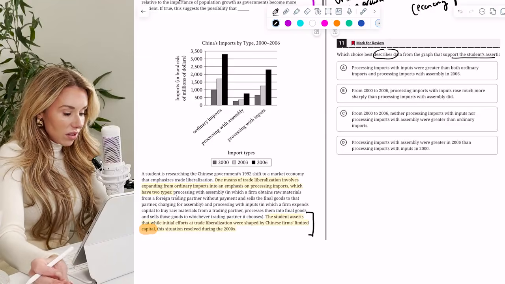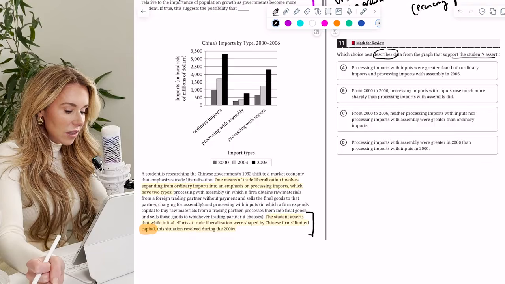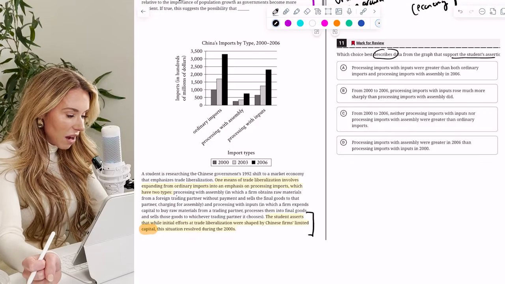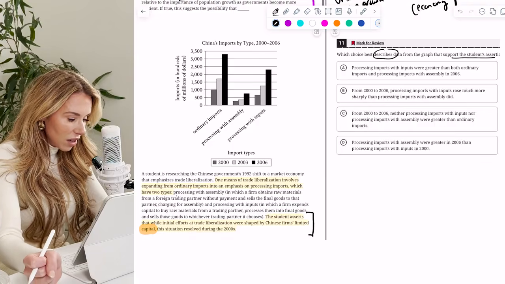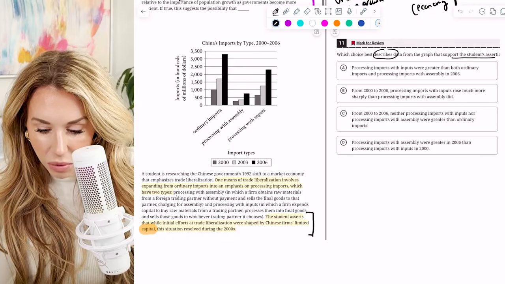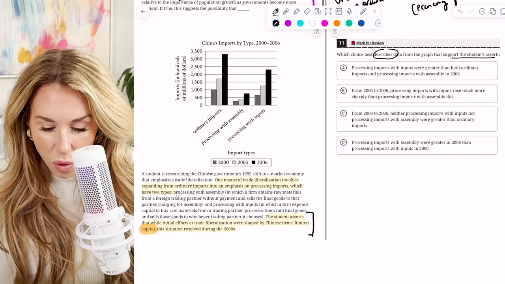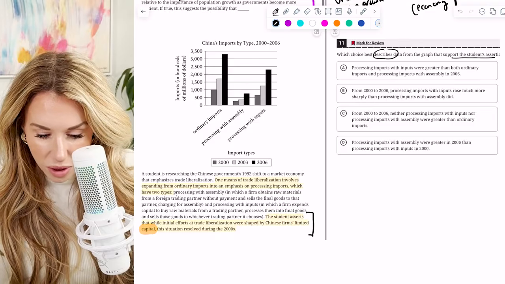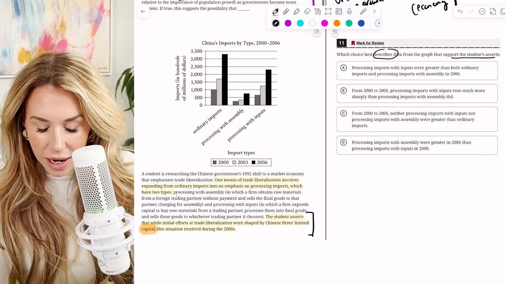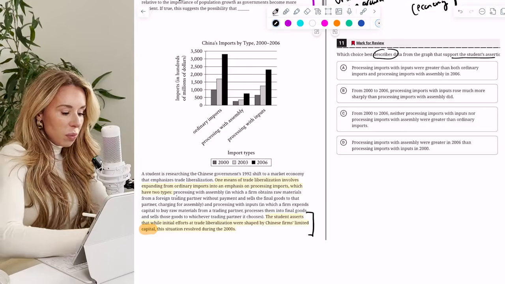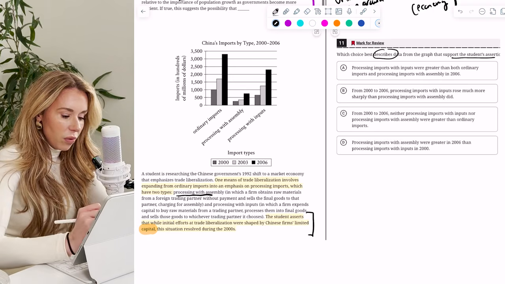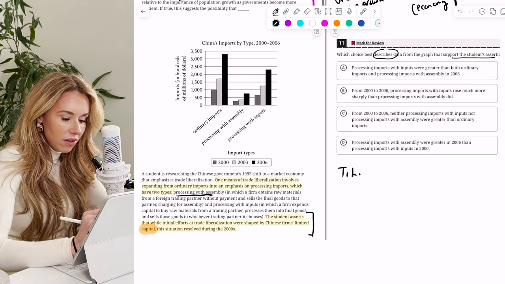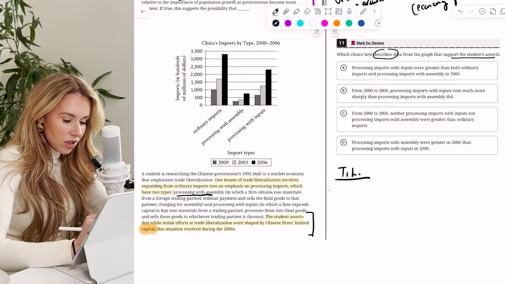A student is researching the Chinese government's 1992 shift to a market economy that emphasizes trade liberalization. One means of trade liberalization involves expanding from ordinary imports to an emphasis on processing imports, which have 2 types. Okay, so there's processing with assembly. So we have basically trade liberalization. What happens is there's 2 types.